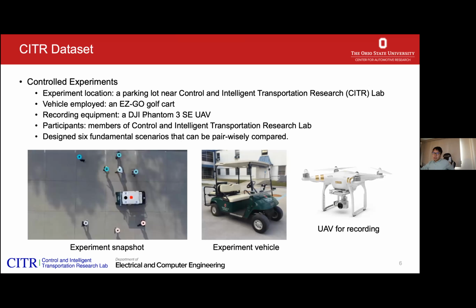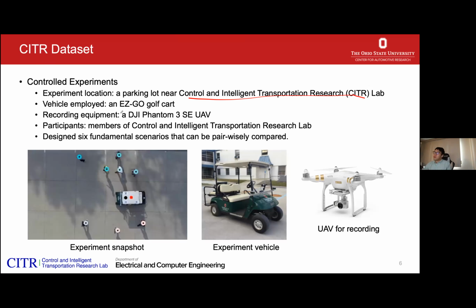So first, let me introduce the CITR dataset. This dataset basically contains the scenarios created by the controlled experiments. We conducted this experiment at a parking lot near the Control and Intelligent Transportation Research Lab. So this is our lab, and that's why we call this dataset the CITR dataset.